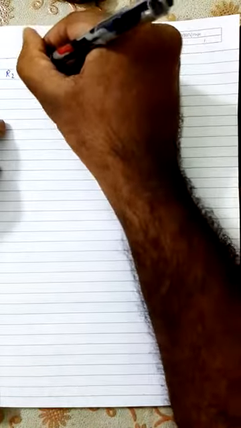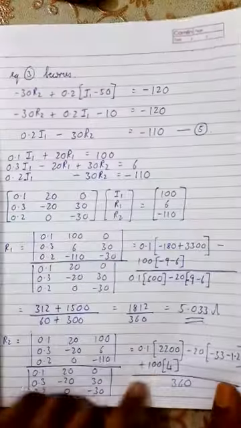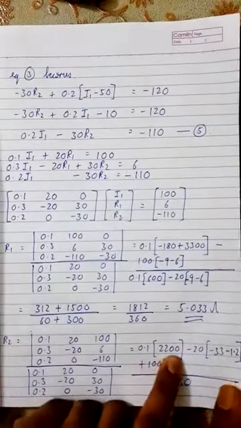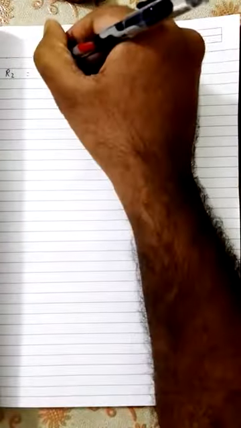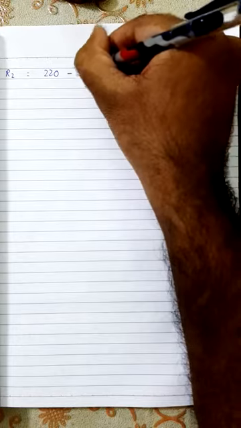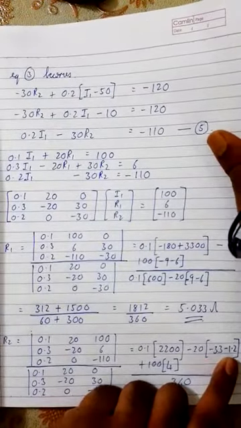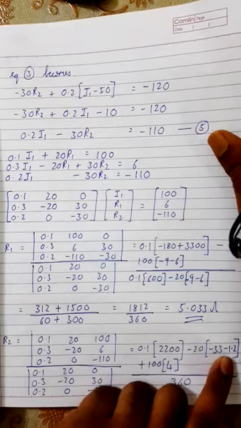360, which means, let's see, R2 is equal to 0.1 into 2200 becomes 220, right? Minus 20 into minus 33 minus 1.2 is minus 34.2.